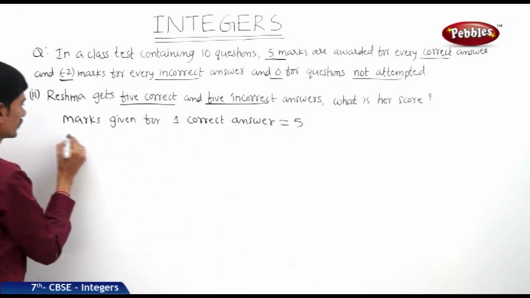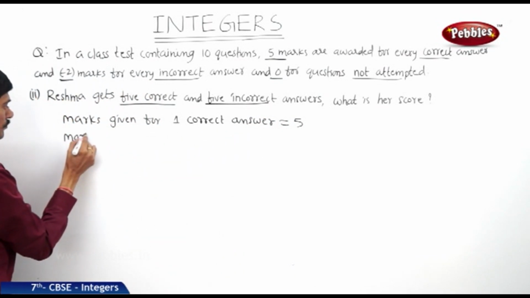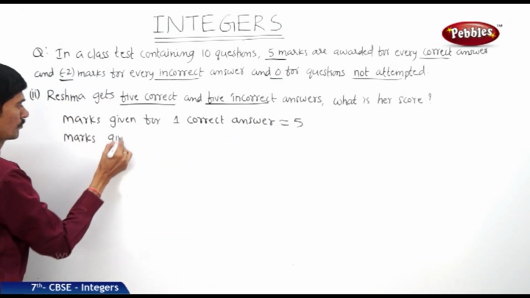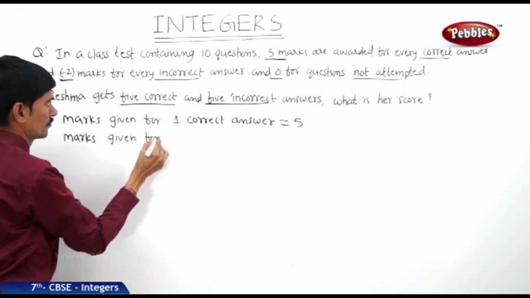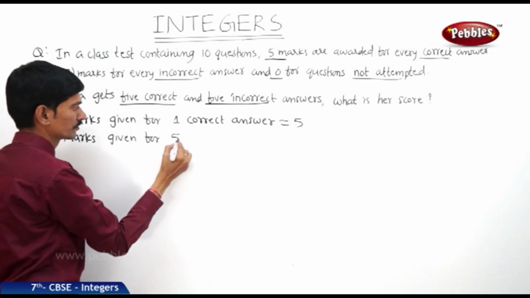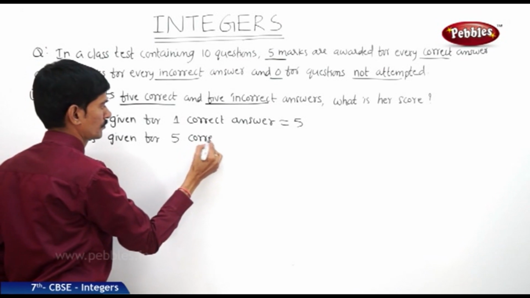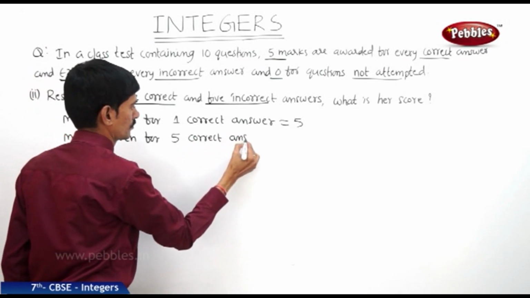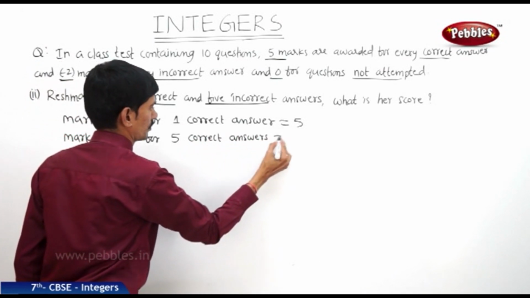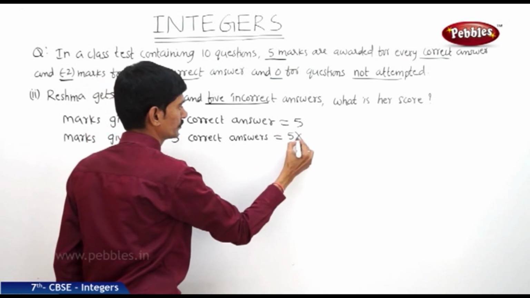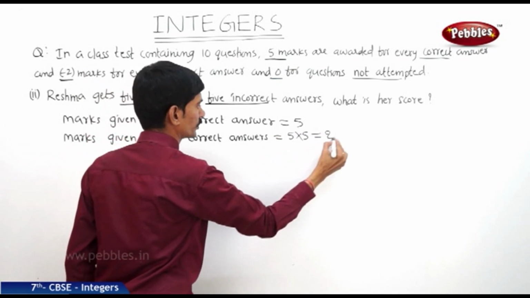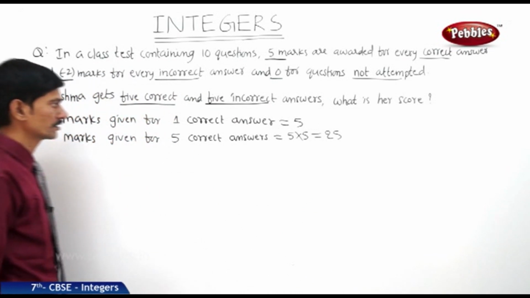So then marks given for five correct answers equals 5 into 5, that equals 25 marks for 5 correct answers.